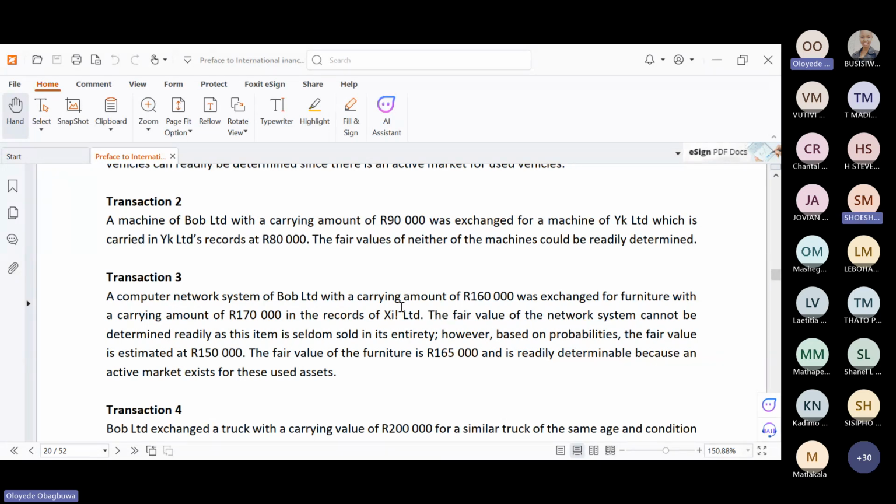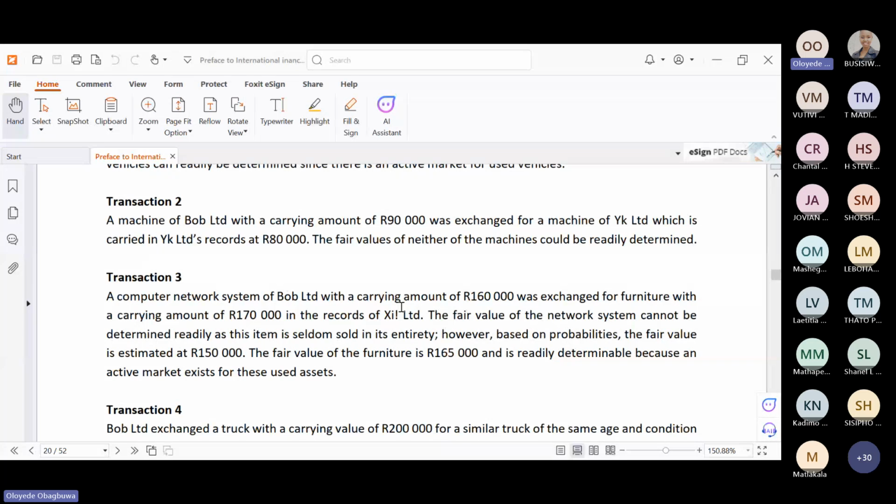Now, how will Bob measure the machine that it is getting from YK? Is it the carrying amount? Yes, Bob will be recording it at 90,000, based on the standard, because we are told that they cannot determine the fair value of those assets.